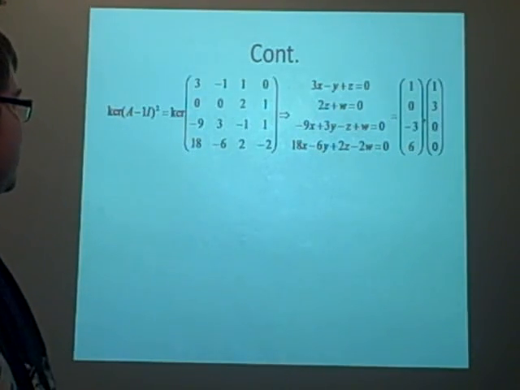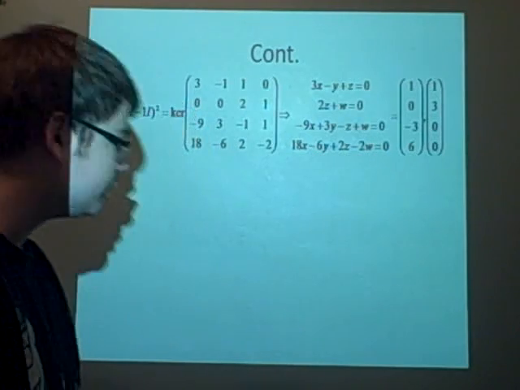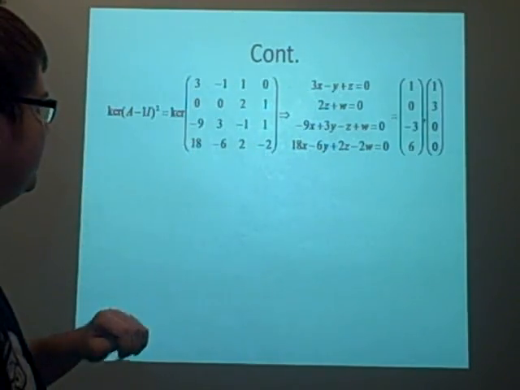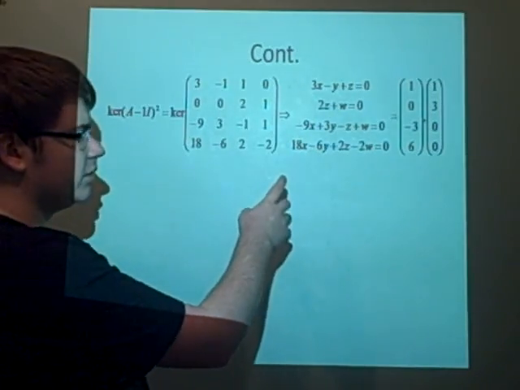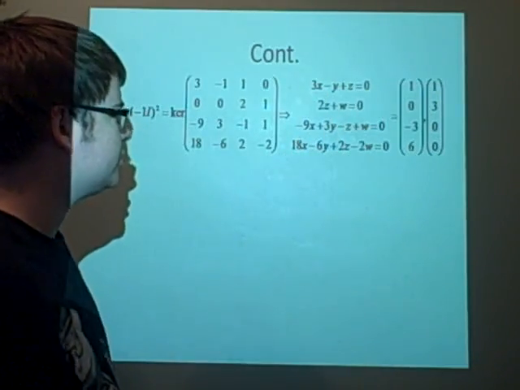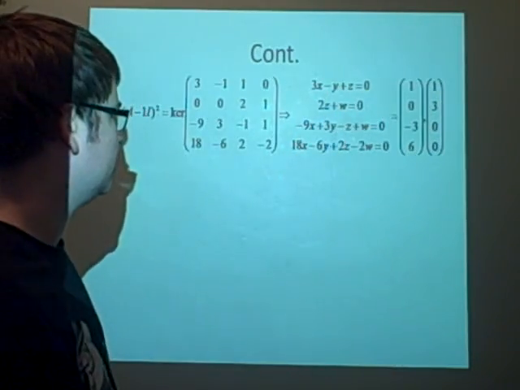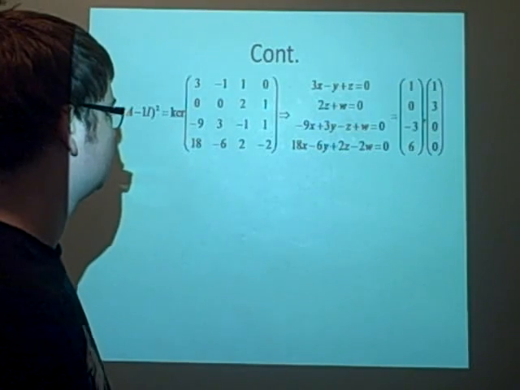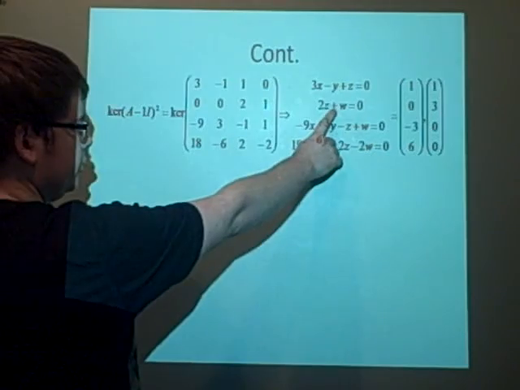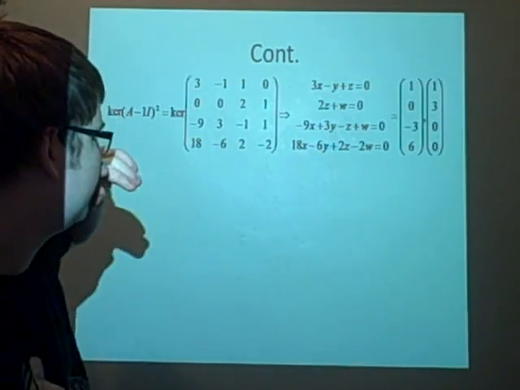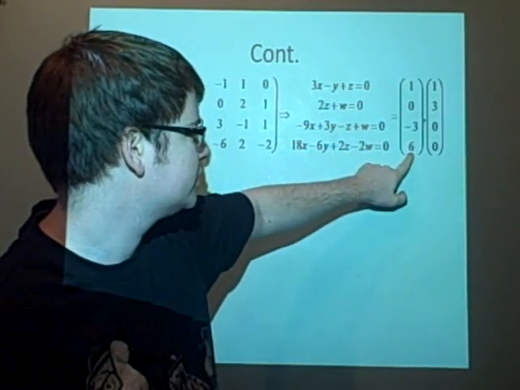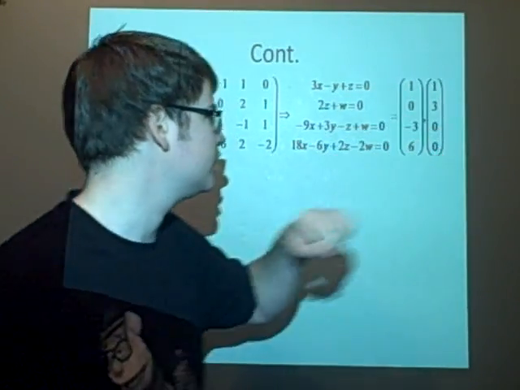is the A minus 1 squared, so we're going up again, and this gives us this matrix here, and then we can multiply it by the xyz vector, which is what I do, to give us these equations. Got z in terms of w, no, I wouldn't put it in there, but it will give you these vectors here, 1, 0, minus 3, 6, and 1, 3, 0, 0.